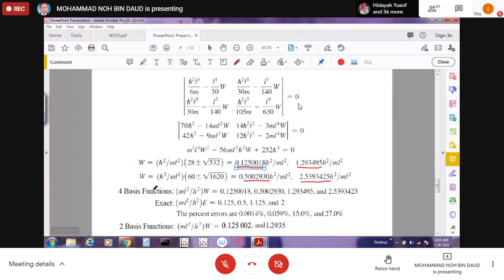So we have here 4 basis functions, and we got 4 lowest energies. This is the true energy from the solution of the exact Schrödinger equation.